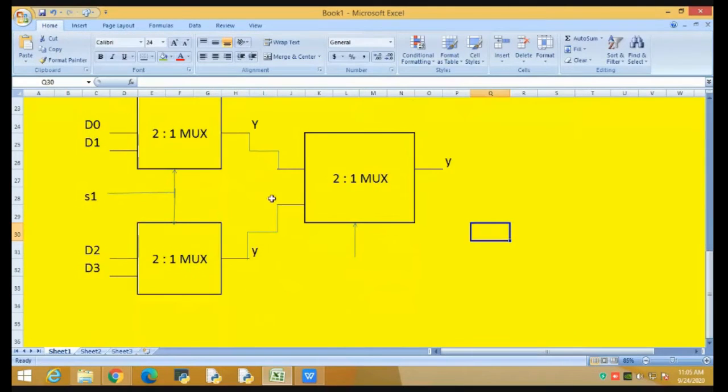Okay, so whatever the input is here, that input comes to this part, and this Y is connected to the input of this mux, and this Y output is connected to the input of this mux. So for this 2 to 1 mux, I get only one output.